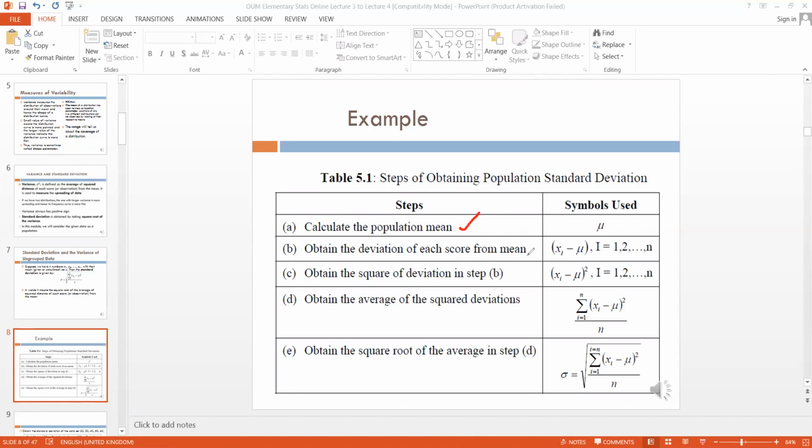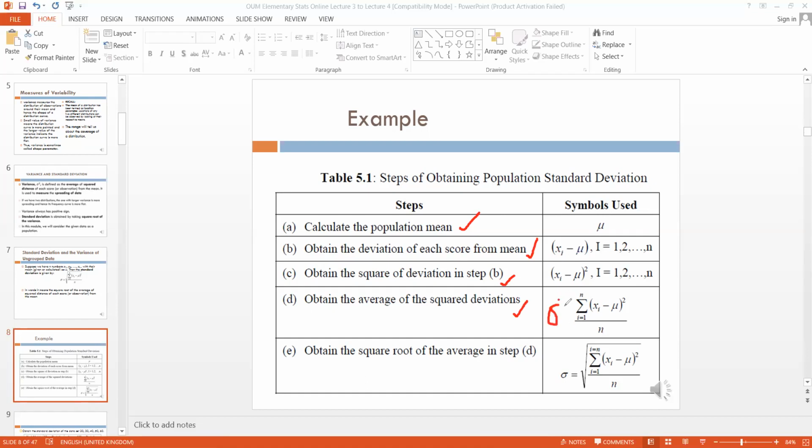And then you obtain the deviation from the mean, which is xi minus mu, for each observation. Then you find the square of the deviations. Step 4, you sum the square deviations and divide by n. Once you are done, this is the variance.